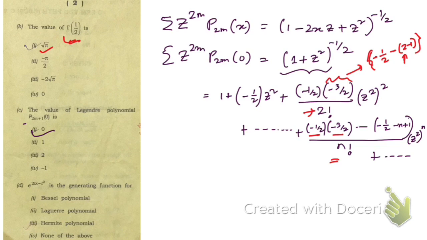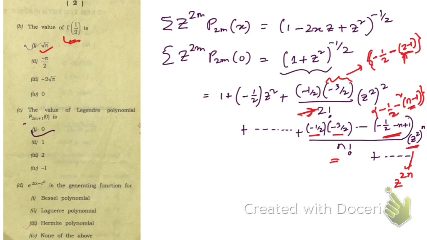Then at the end you must have minus half minus n minus 1 within brackets. If you open the bracket, you're going to get this term. And this is z square to the power n, which is nothing but z to the power 2n.